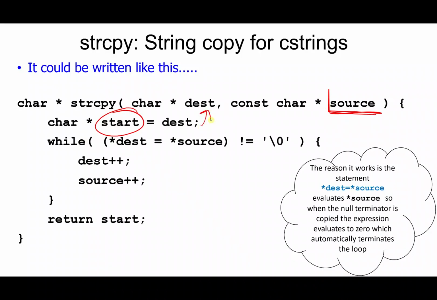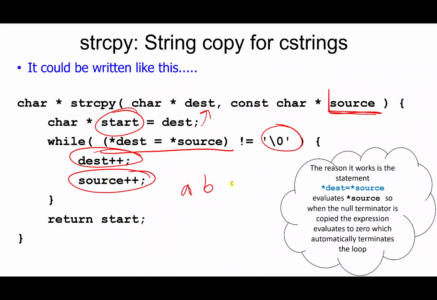This is the one we are going to return. We say, okay, copy the value that source is pointing at to the destination. And if the result of this is not equal to the null terminator, advance the destination and the source, and that goes on.